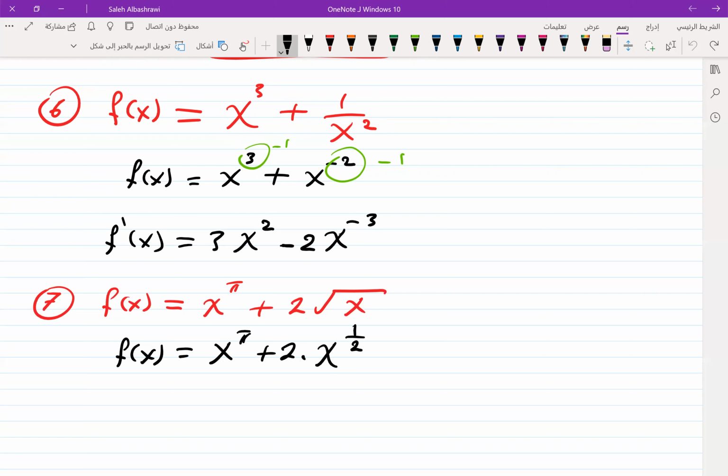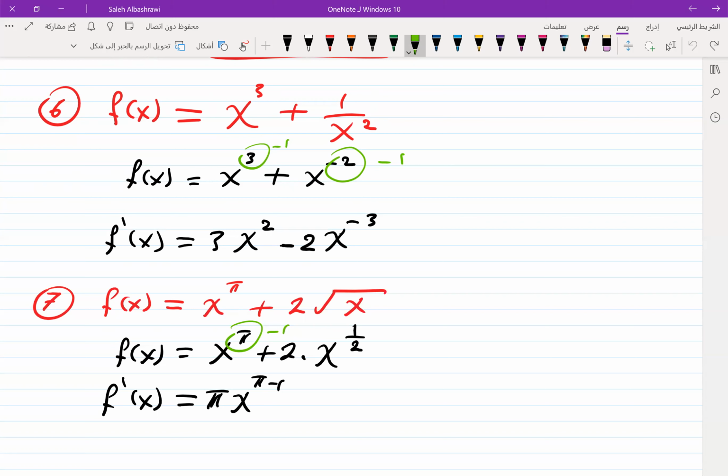So the derivative of this function now is equal to y times x to power y minus 1. As we said before, this is a power, apply the power rule, so it is minus 1.